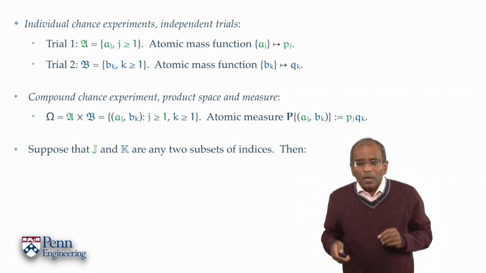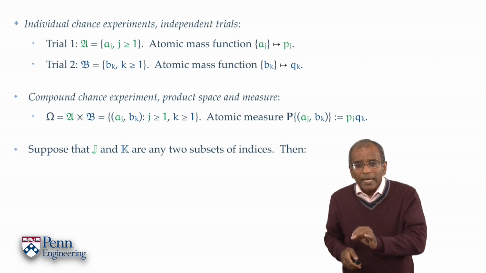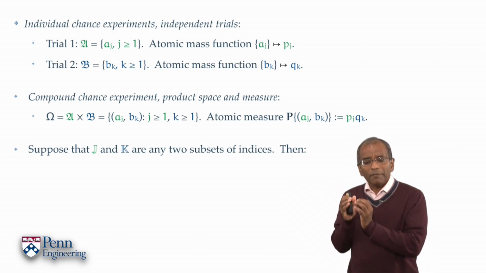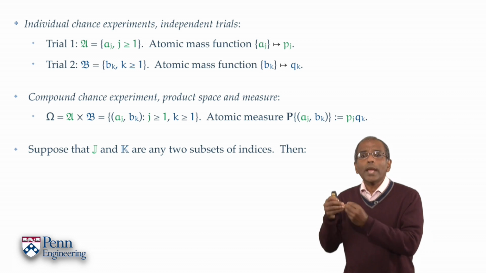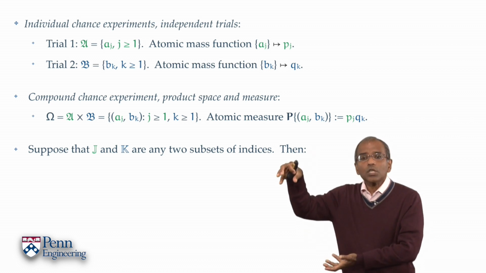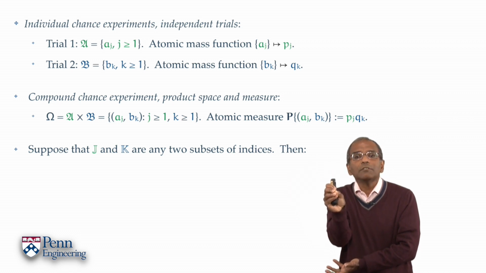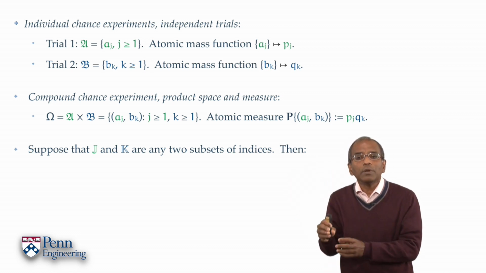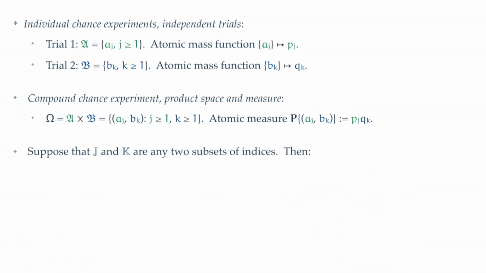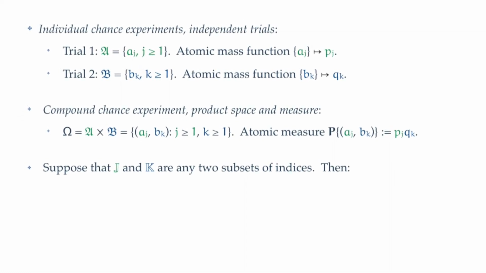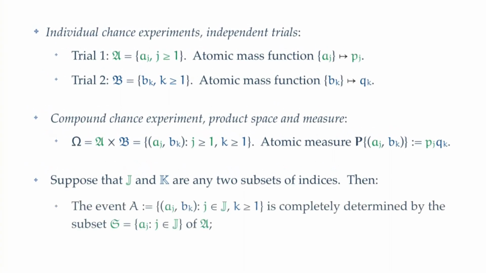What does it mean to say that an event A depends only on the first trial? Well, if A occurs whenever the results of the first trial were any of the tagged locations identified by blackboard J, then we will say that A was determined by the first trial. Let's put this in notation. The elements tagged by blackboard J in the first set Gothic A give you a subset of Gothic A. Call that Gothic S, just temporarily as a nonce notation.